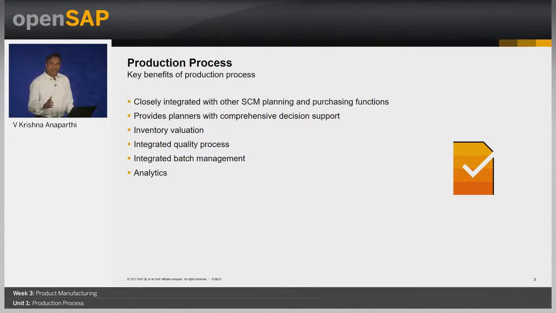Production master data assists in the inventory valuation of the product. It also offers built-in analytics in relation to the stock overview, production confirmations, to name a few. Finally, it offers integrated quality process and integrated batch management.